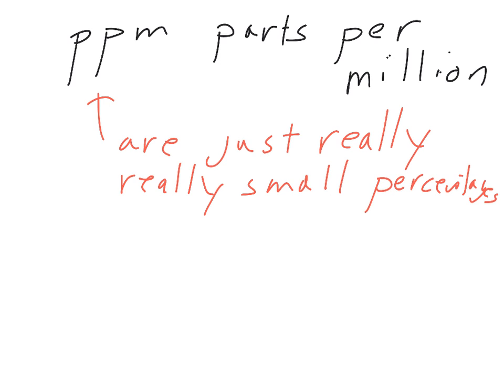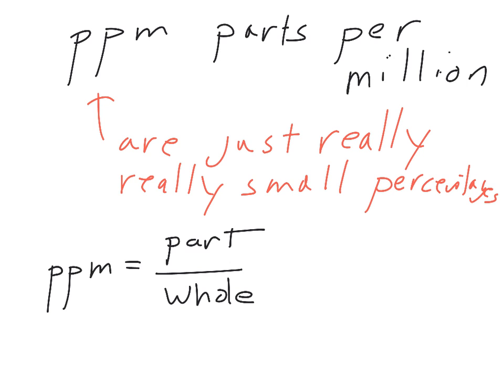To get parts per million, you do the exact same thing you would for a percentage. You would do the part you're interested in divided by the whole, but instead of multiplying by 100 like you would for a percent, you're going to multiply by 1 million.